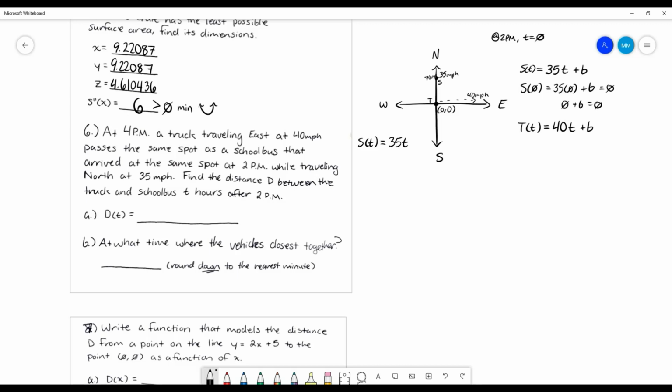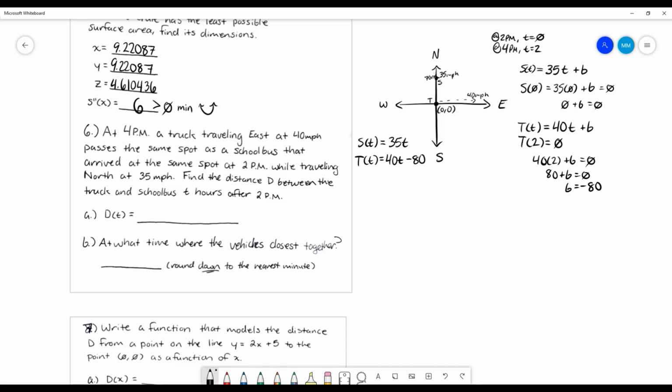We know that at 4 p.m., so when t equals 2, I know it is at 0, which means that 40 times 2 plus b equals 0. So that's 80 plus b equals 0. B is going to be a negative 80 there, which means the equation for our truck's distance is 40t minus 80, or plus a negative 80.